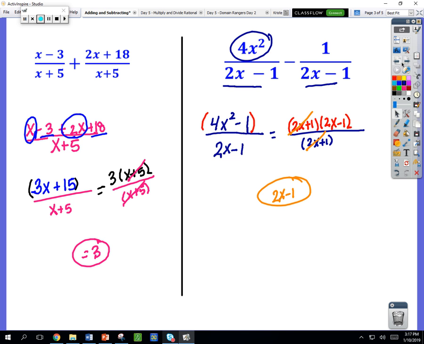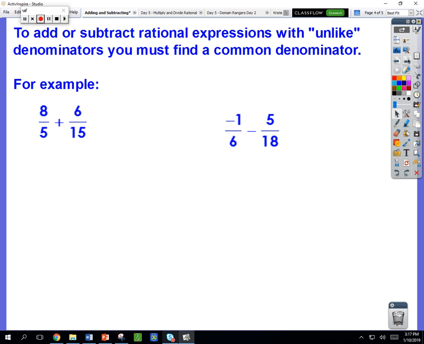So how do we add fractions when the denominators are not alike? So in order to do that, I have to find what's considered a common denominator. So it would be a number that I can divide evenly by, in this case, 15 and 5. So it'll be real easy if I can take this and I can turn the 5 into a 15.